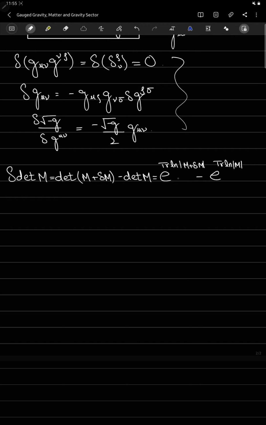And if you want, you can simplify this even more, it is the trace of M inverse times the change in the matrix M.